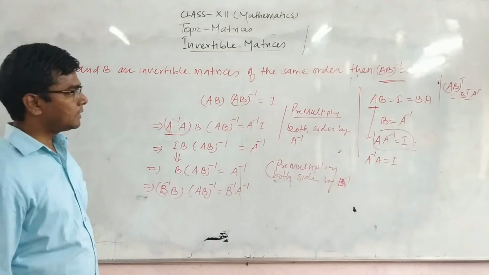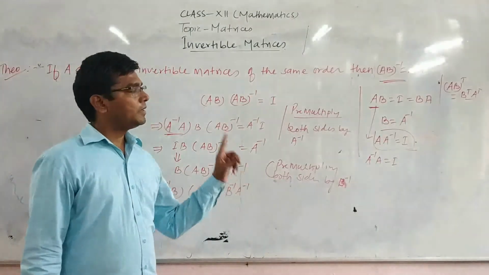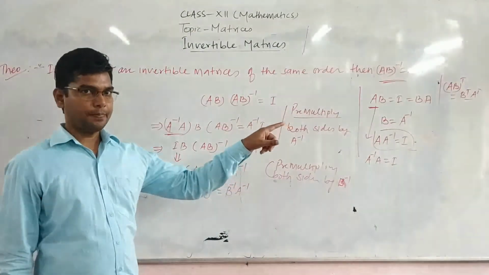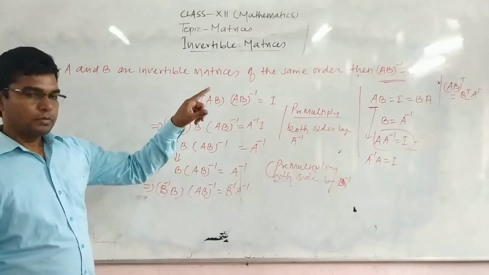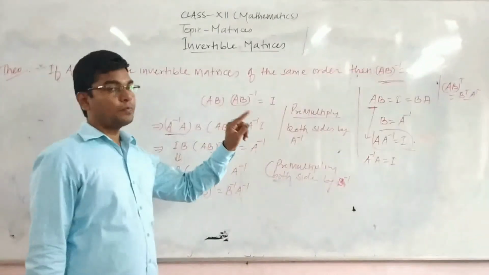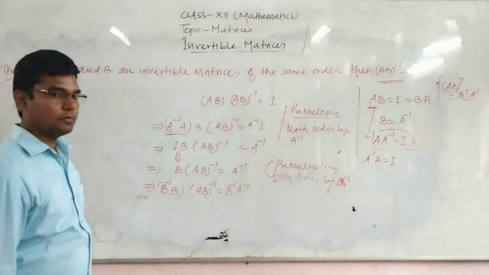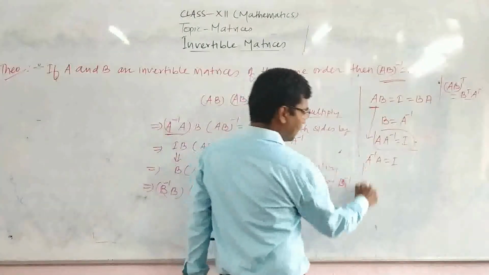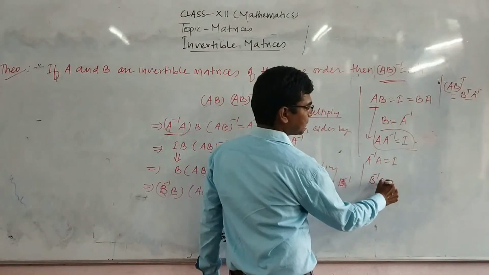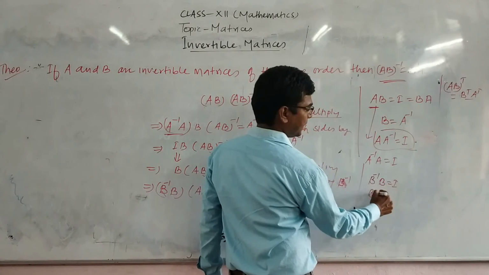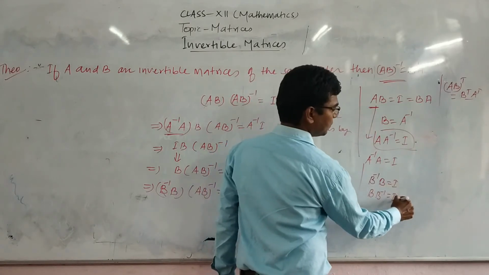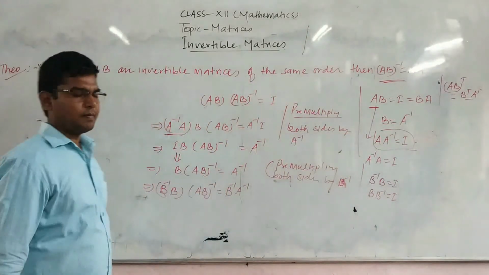So we know that if AB is equal to BA is equal to I, it means A is the inverse of B and B is the inverse of A. So you can also write that B inverse B is equal to I, or B into B inverse is equal to I, the identity matrix.